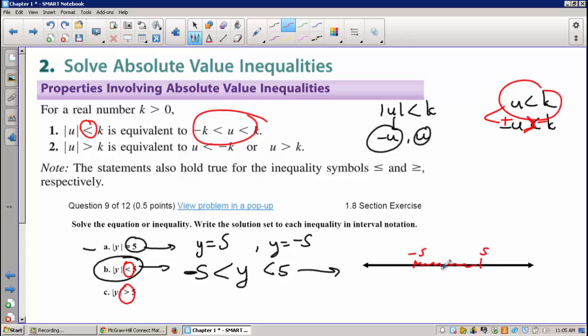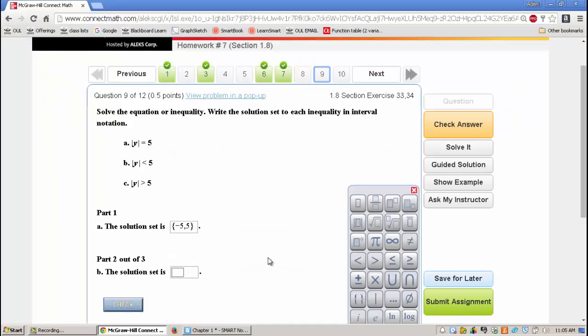How can you write this in interval notation? Where does it start? You read from the left. You start here, and when you keep going, you stop there. So it's between -5 and 5. Parentheses or brackets? Parentheses, because these have no equalities, only strict fish mouths. So I will go ahead and say the solution set is -5 to 5. Check.